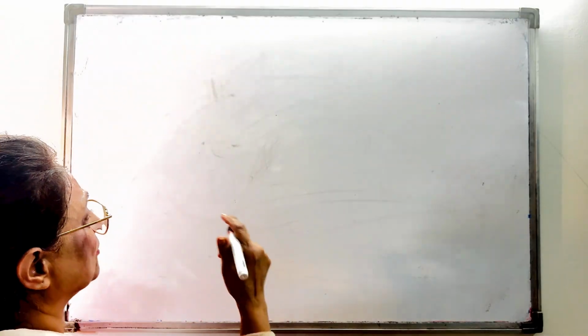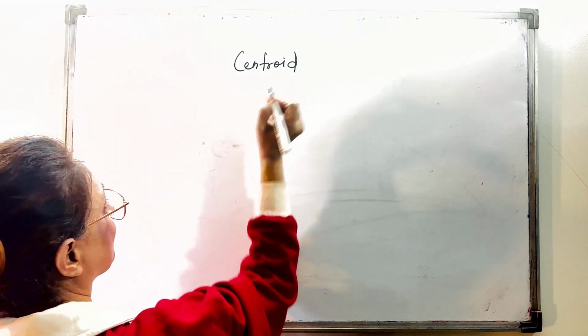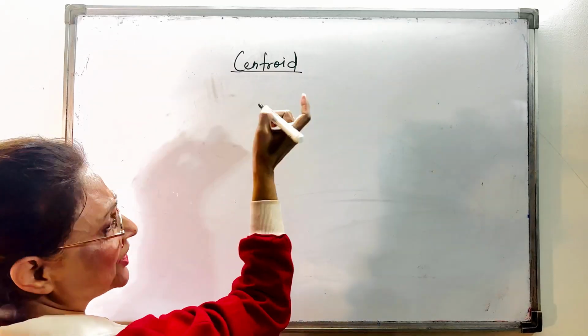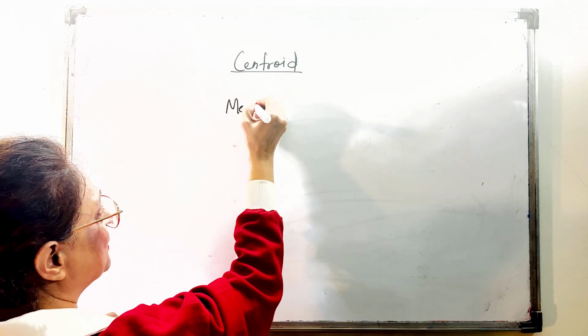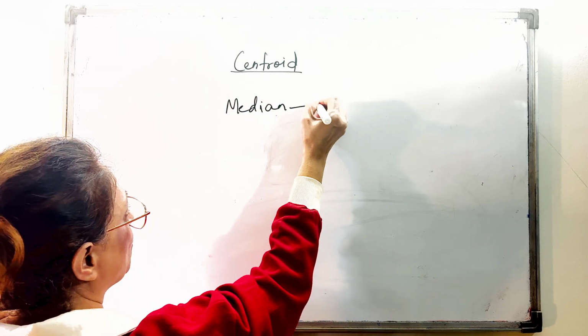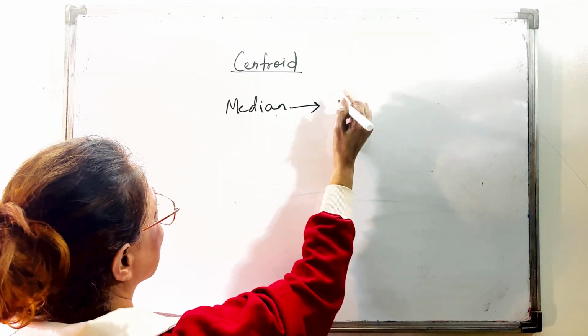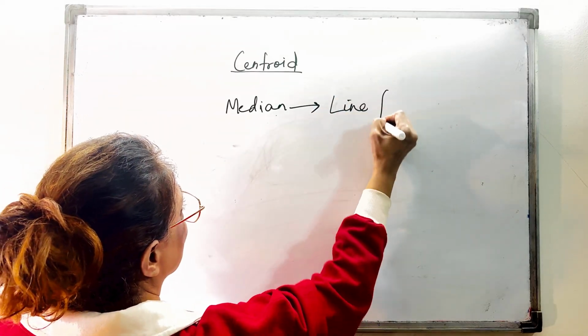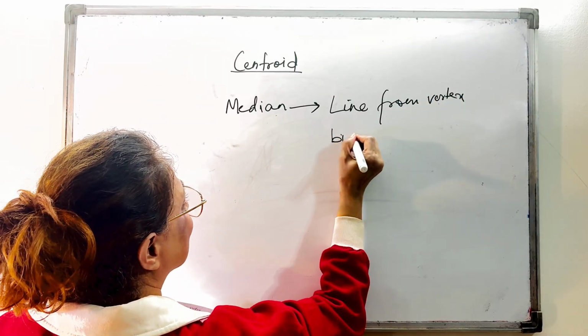Okay, now a few chapters which I couldn't cover, but they are kind of easy ones. I just forgot to mention about centroid. So what is centroid? The point where the medians meet. What is a median? Remember, median has only one property. It is a line from a vertex, bisecting the base.